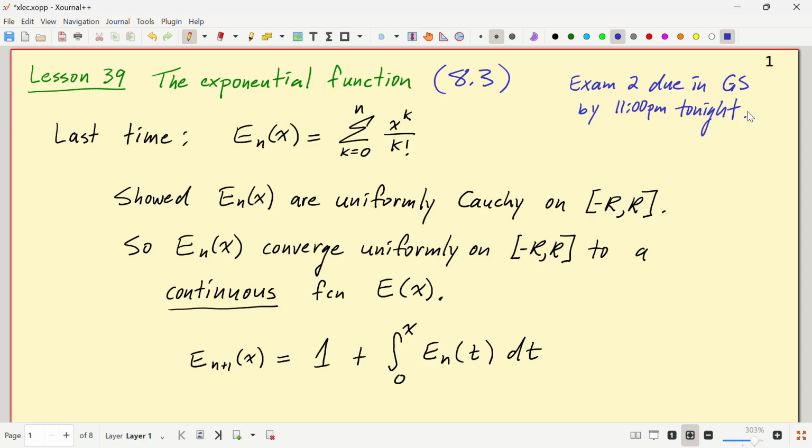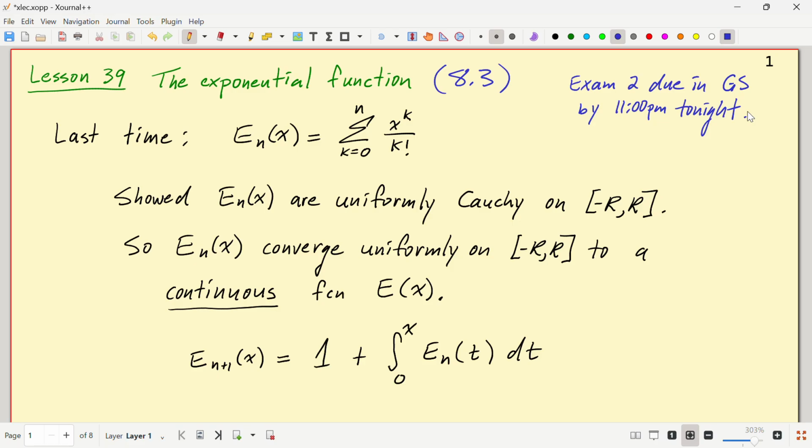last time I showed, just using very elementary estimates, that those functions are uniformly Cauchy on closed intervals, arbitrarily big closed intervals, minus r to plus r, where r could be, think of r as something big.